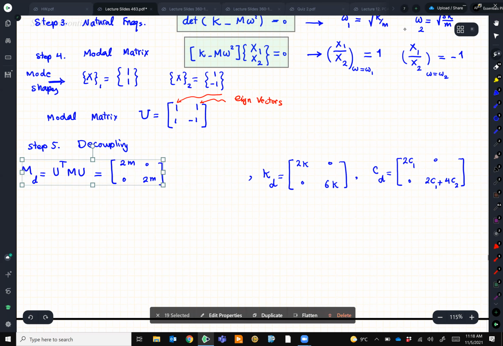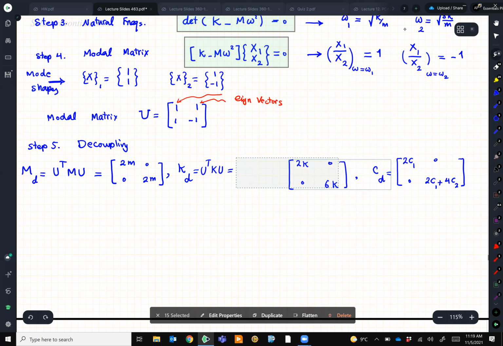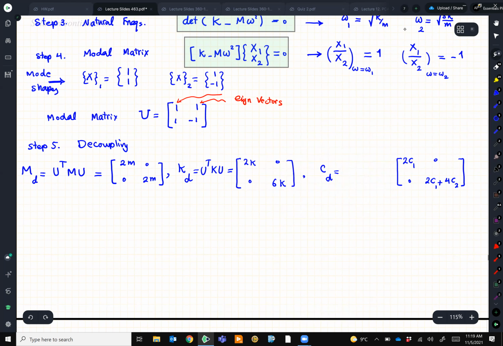So this is MD. KD, remember, we use the same formula, U transpose K, original K, U. And CD the same, U transpose C U.